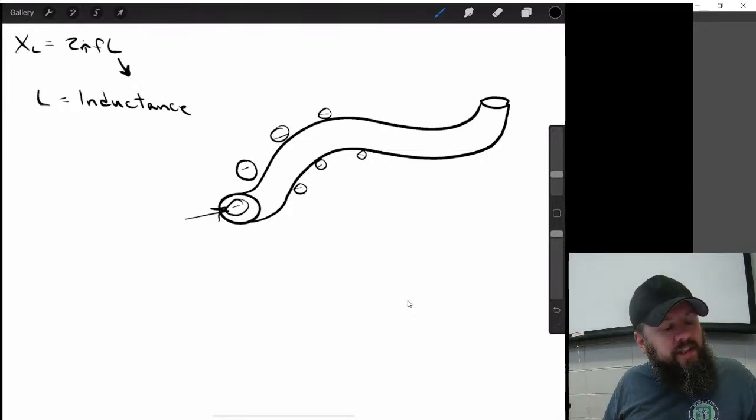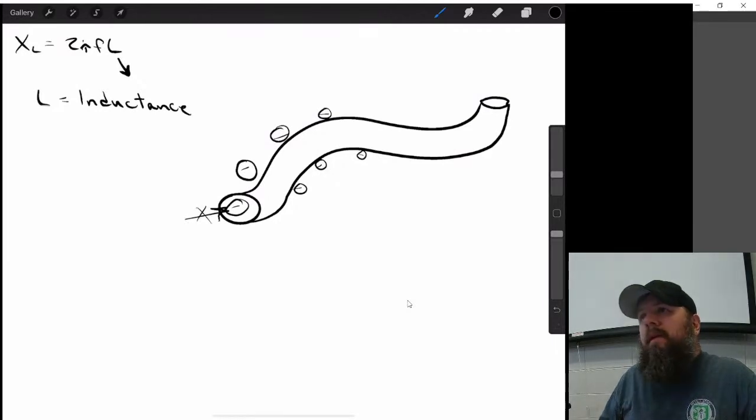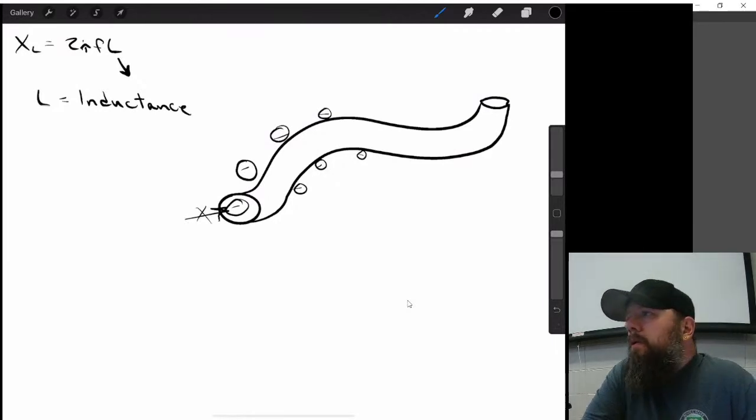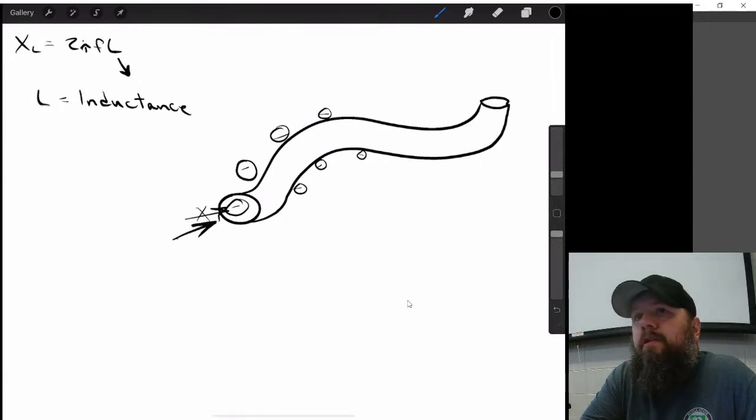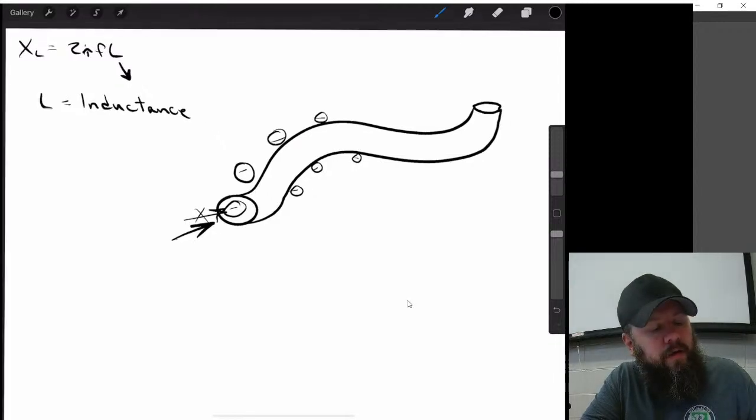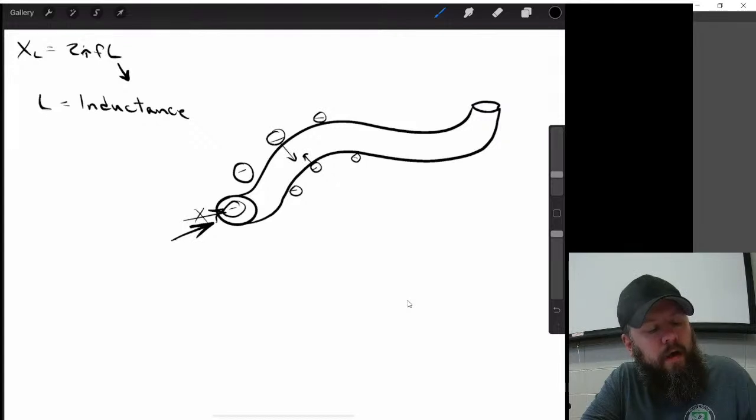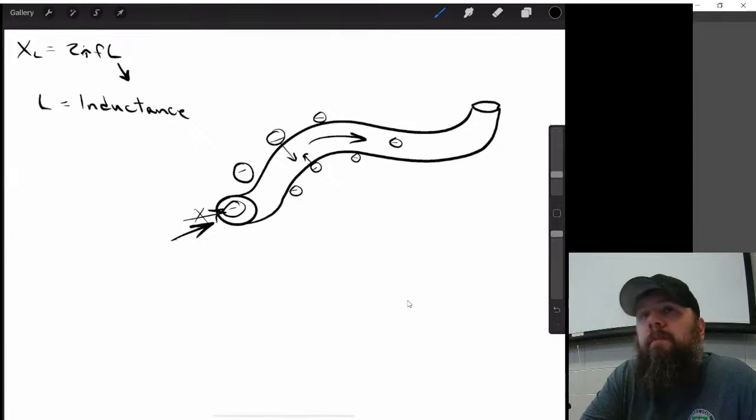And then once we stop, an inductor will cause a voltage spike as big as it needs to be, like we're talking about infinite volts in a perfect world, to continue that current going in the same direction. So as soon as I stop that current, those electrons are going to collapse into the conductor and cause it to keep going for just a little bit. Okay? It's going to supply a big voltage.